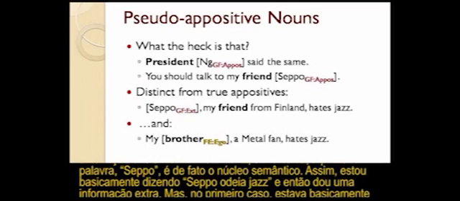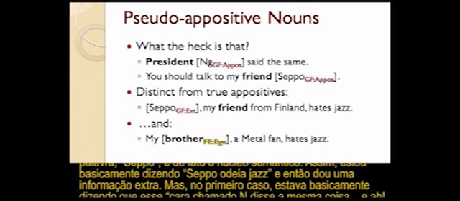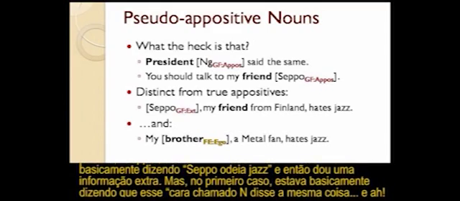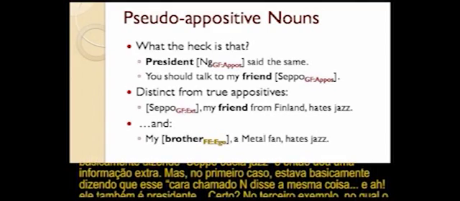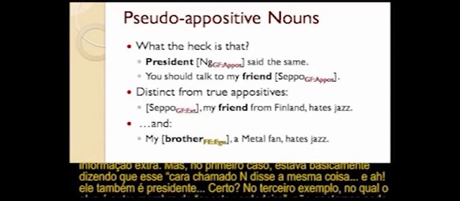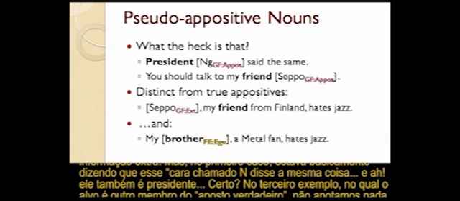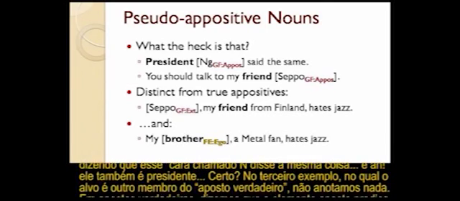So I'm basically just saying Seppo hates jazz. And I'm giving you some extra information. Whereas in the first case, I'm basically saying this guy named Ng said the same. Oh yeah, he's also the president. Okay?